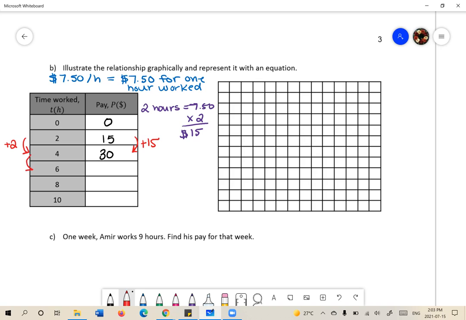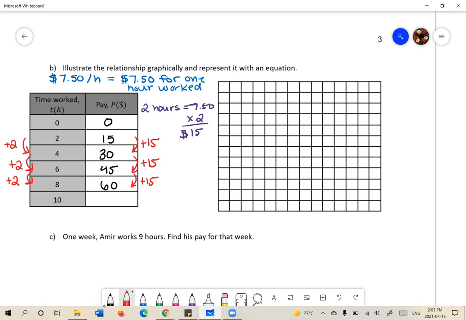And for another 2 hours of work, we would add another $15 to his pay. So our x values, or our t values in this example, are increasing by 2, while our y values, or p values in this question, are increasing by 15.